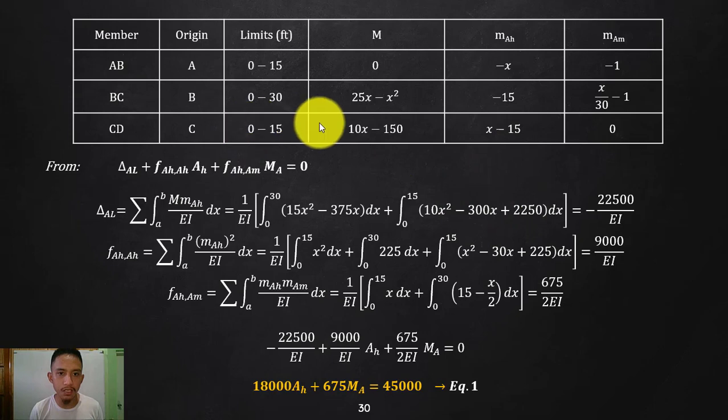And then your limit is 0 to 15. These are the only moment equations that we will be integrating, since again your AB ended up 0. So integrating that one and multiplying by 1 over EI, you will end up with a negative 22500 over EI. That is just your delta AL, the deflection due to the actual loading at A.